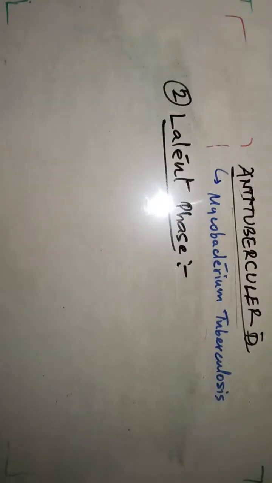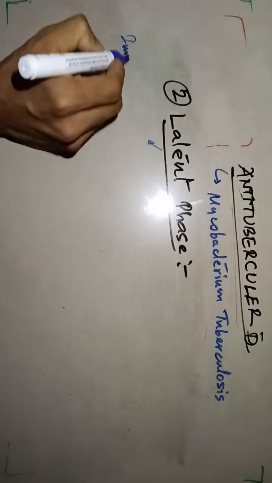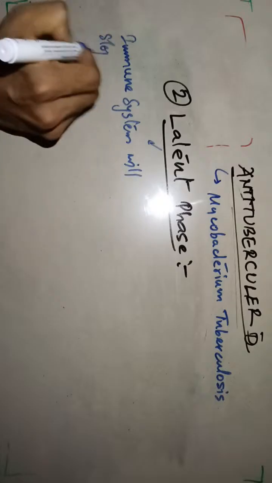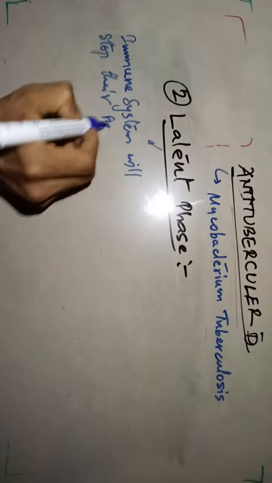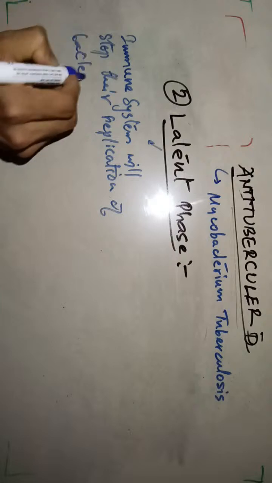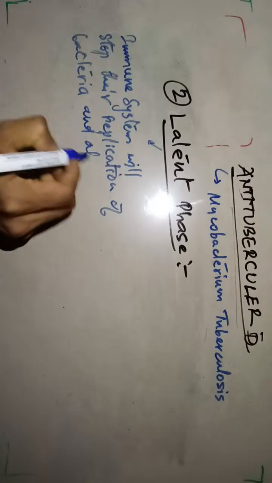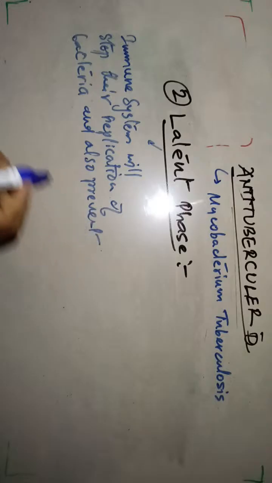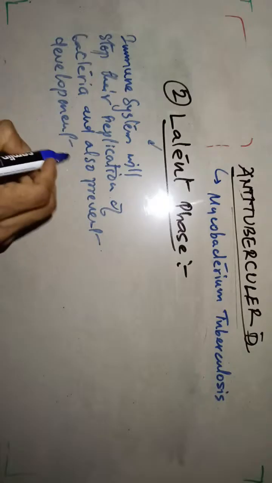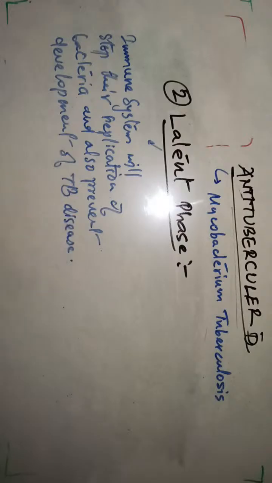The most important point, the immune system will stop the replication of bacteria and also prevent development of TB disease. Okay, so this is the second phase.